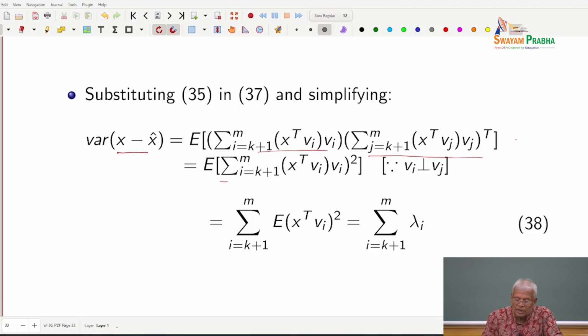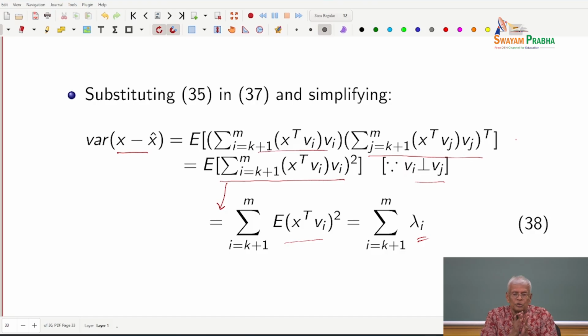Therefore, the only thing remaining is the middle term, because v_i is perpendicular to v_j. This can be further simplified, and that's the variance of the ith component for i running from k plus 1 to m, which is equal to the summation of lambda i, i equal to k plus 1 to m. So what is that? That's a very interesting result.